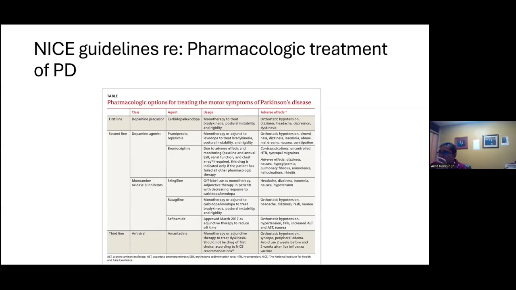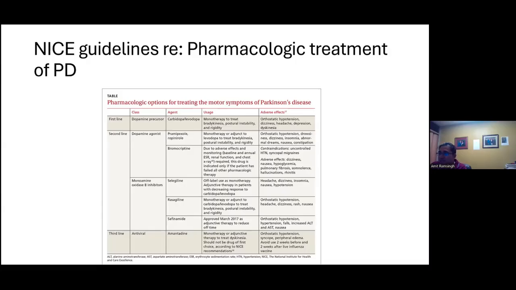So usually we have preparations of levodopa combined with a peripheral dopa decarboxylase inhibitor, such as carbidopa or benserazide, right? And this is to prevent the peripheral degradation of the L-dopa, so it basically concentrates it beyond the blood-brain barrier.